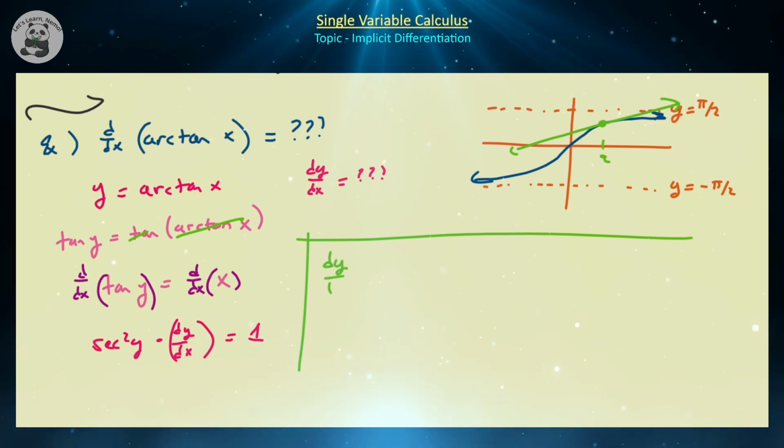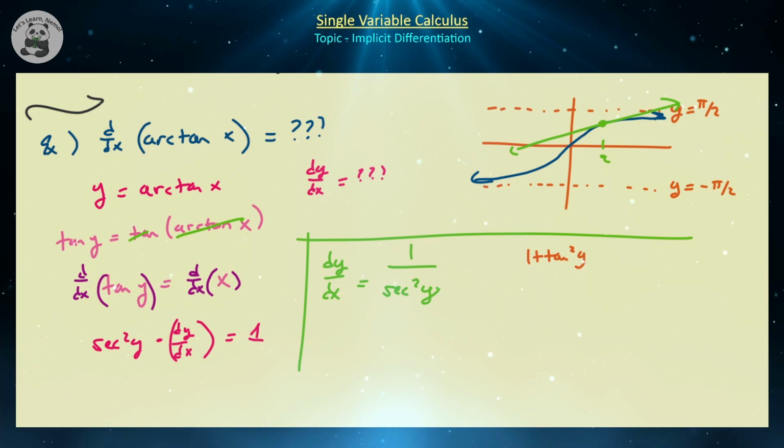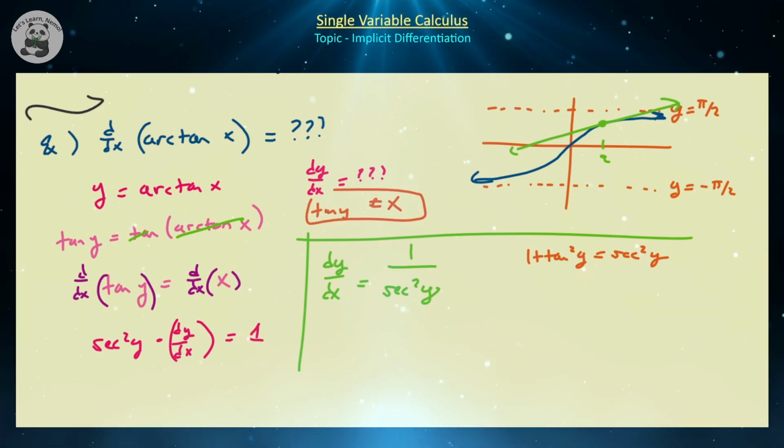So dy over dx will be equal to 1 over secant squared y. But we want a relation that's a function of x, not a function of y. But if you remember from trigonometry, 1 plus tangent squared y is secant squared y, and we know that tangent y is equal to x, so we can just replace that in this expression.